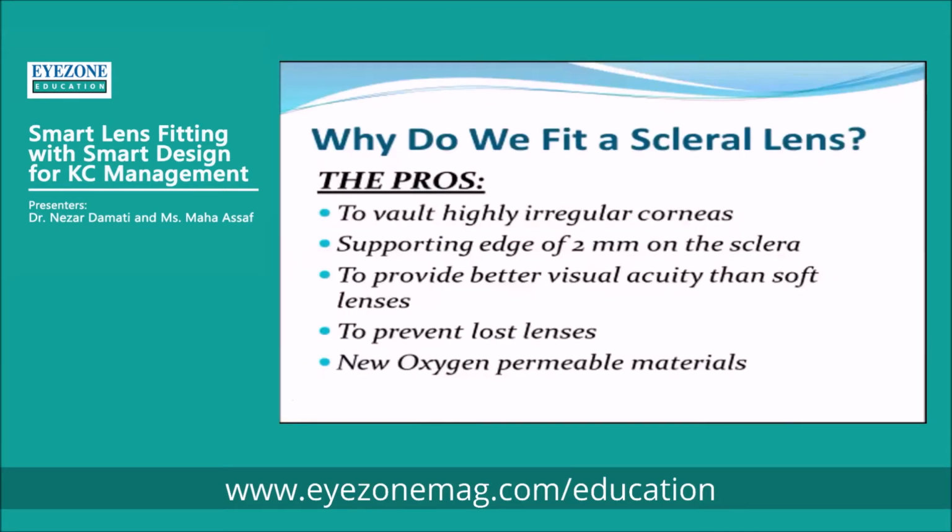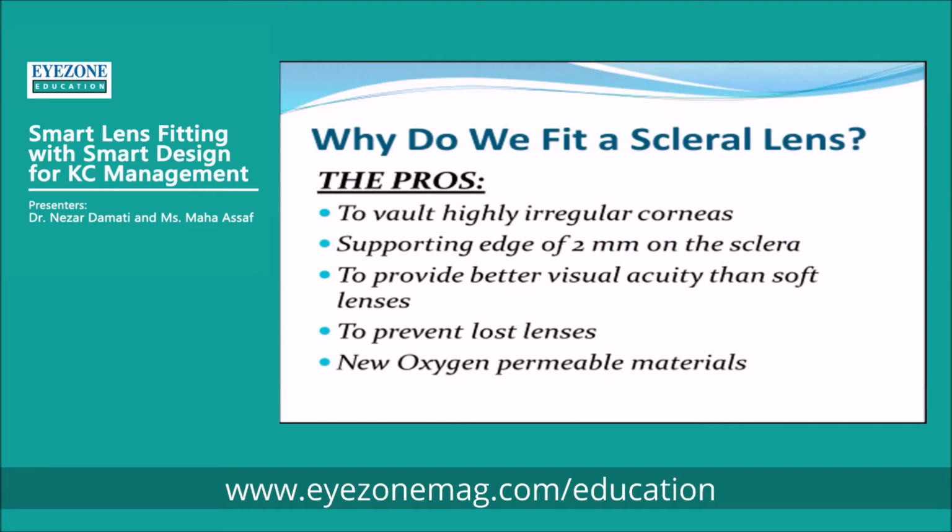Why do we fit the scleral lens? We summarize that it is because it involves irregular corneas regularly, because we need a regular anterior part of the eye supporting the edges 2 to 4 millimeters beyond the limbus, absolutely to provide better visual acuity than other lenses, and to prevent any lens dislocation, like the corneal lens, which could be dislocated with eye rubbing from the patients or hard blinking with the contact lens.